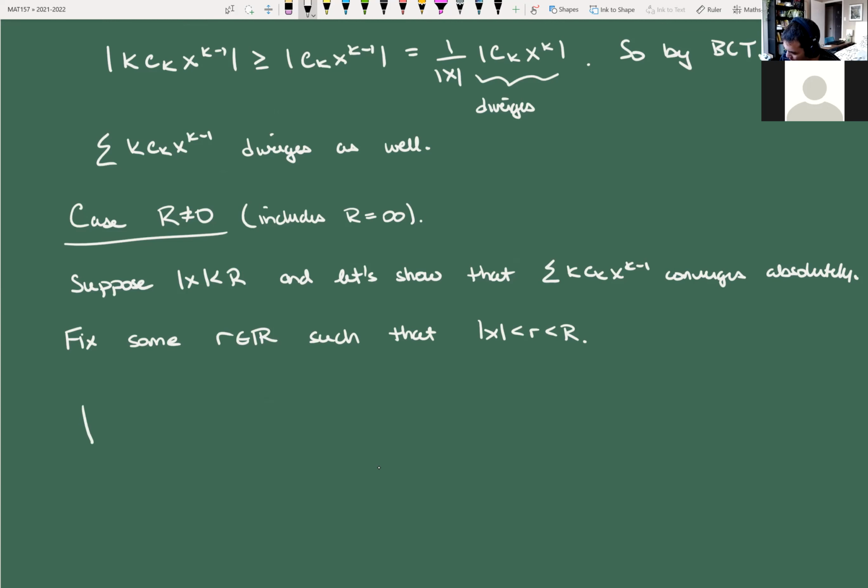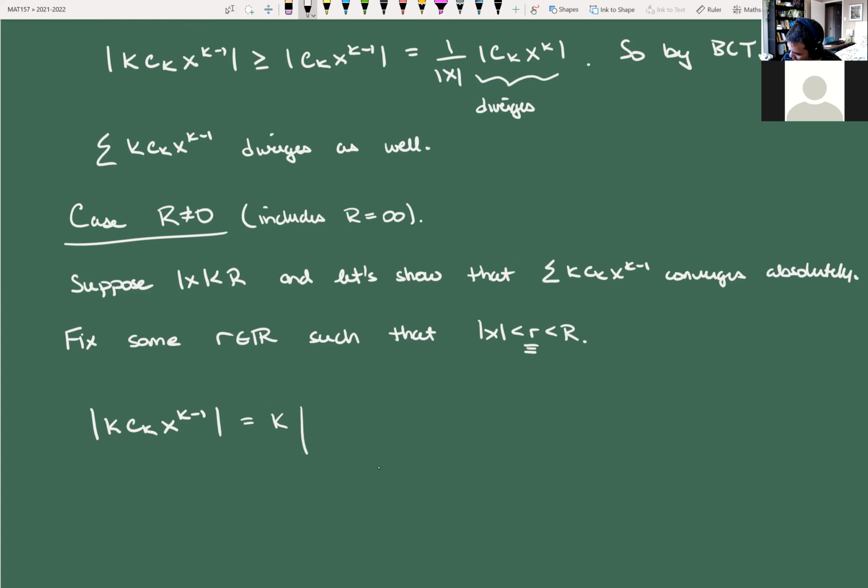So we're going to get the absolute value of k c_k x^(k-1). Now I can't use that greater than or equal to trick from before. It's not going to work. But I do now have this bigger number r, which again, I do have convergence for. So maybe we can use that in some way, right? All right, so this is going to be equal to what? So k is already positive, so I don't need to worry about the absolute value.